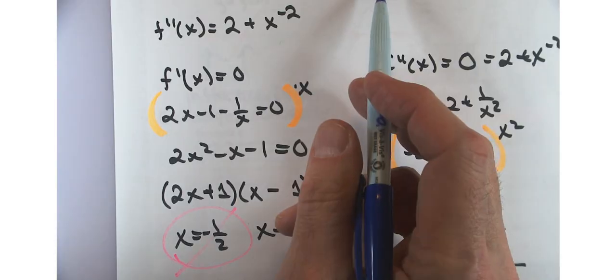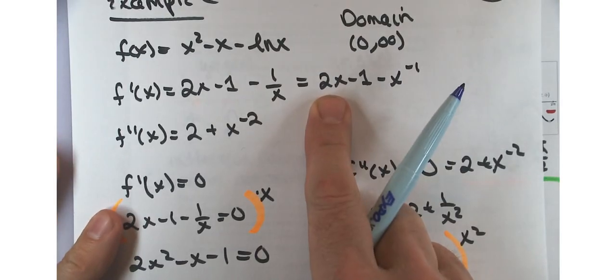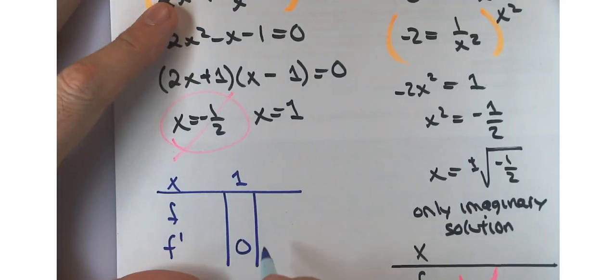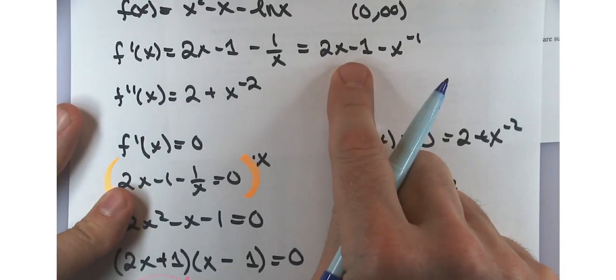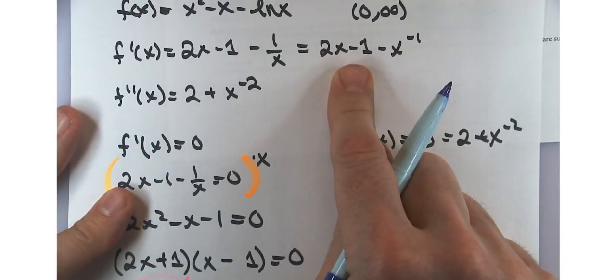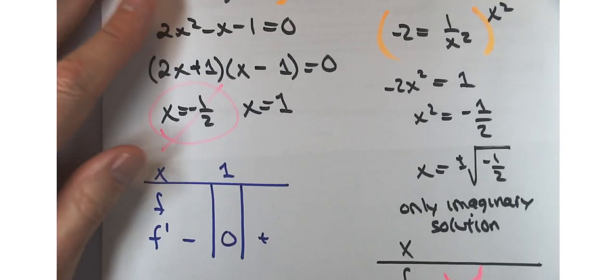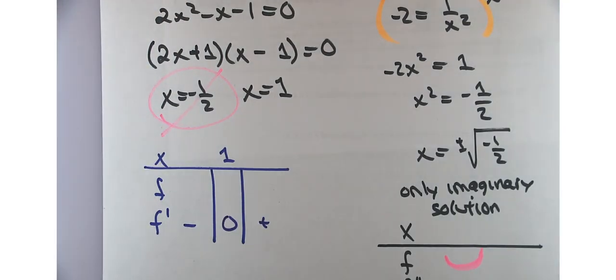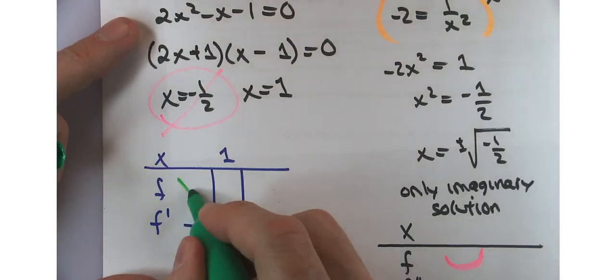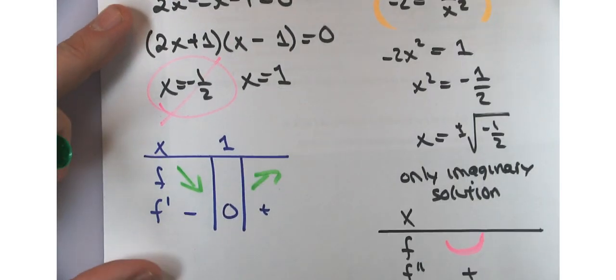I think if I put a point in here like 10, that derivative is going to be positive. Over here, derivative is going to be negative. So I believe that the function would be decreasing, then increasing.